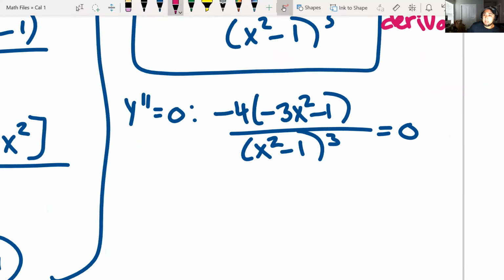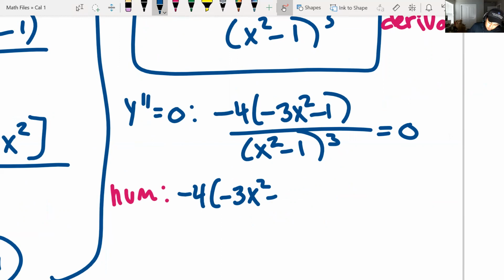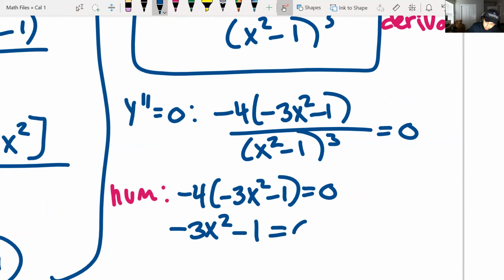And since it's a rational function equation, we will have something from the numerator. So negative 4 times negative 3x squared minus 1 equal to 0. Divide the 4 off. Negative 3x squared minus 1 equal to 0.